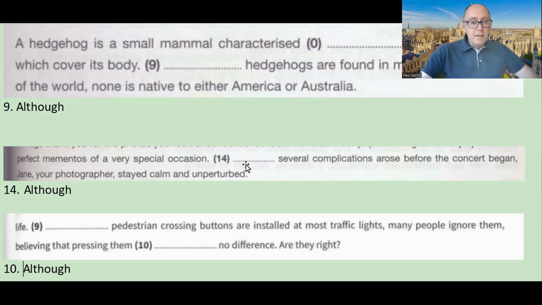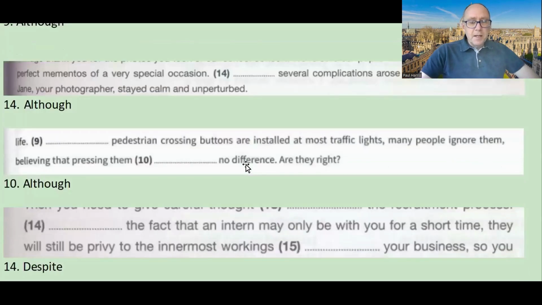Now let's move on to another sentence with although. So again here, pedestrian crossing buttons are installed at most traffic lights. Many people ignore them, believing that pressing them makes no difference. So it's the contrast here that they are installed in many places, but most people don't use them or ignore them.